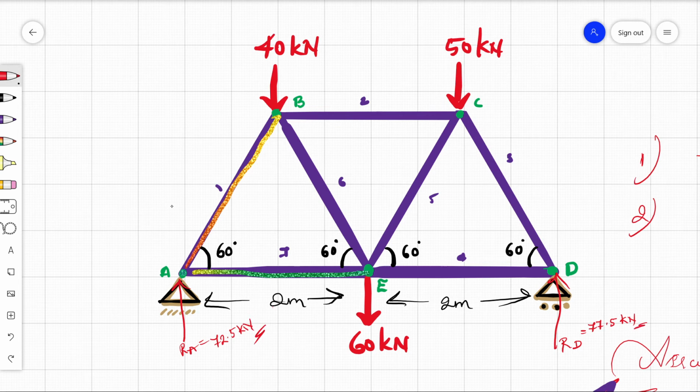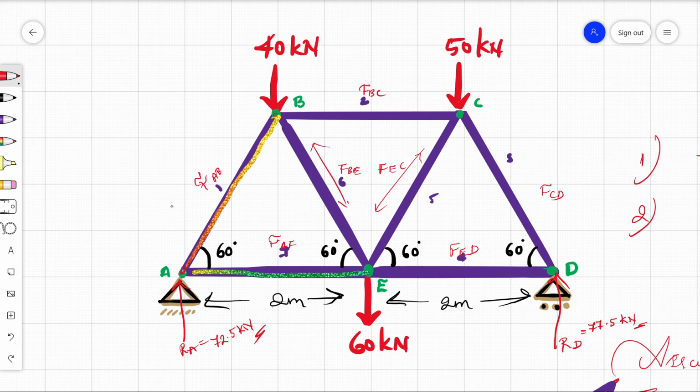And you can see that there is a member AB. The force generated in AB we call FAB, similarly FBC, similarly FCD, similarly FED, over here FAE, FBE, and for this one FEC.